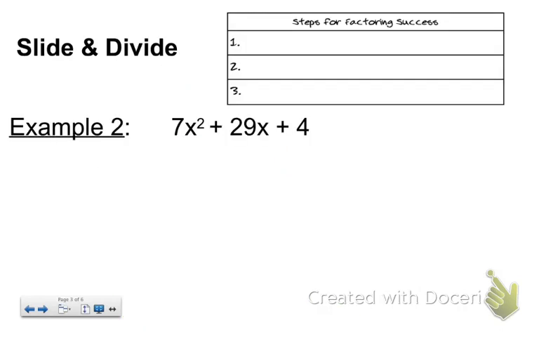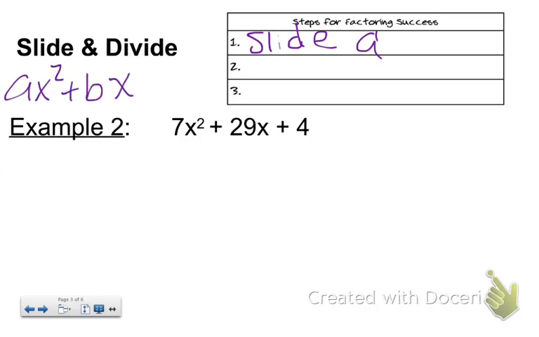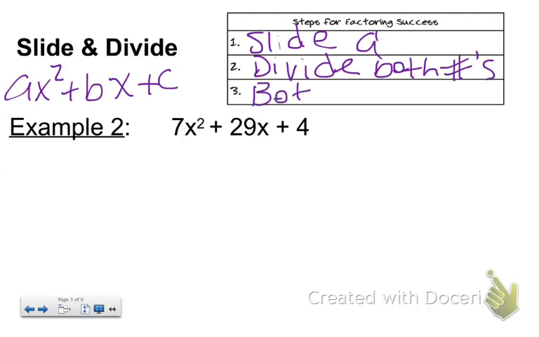The second method is called slide and divide. So what you're going to do is slide a, the coefficient of the x squared, remember I have ax squared plus bx plus c, slide a, then divide both numbers, and then bottoms up.